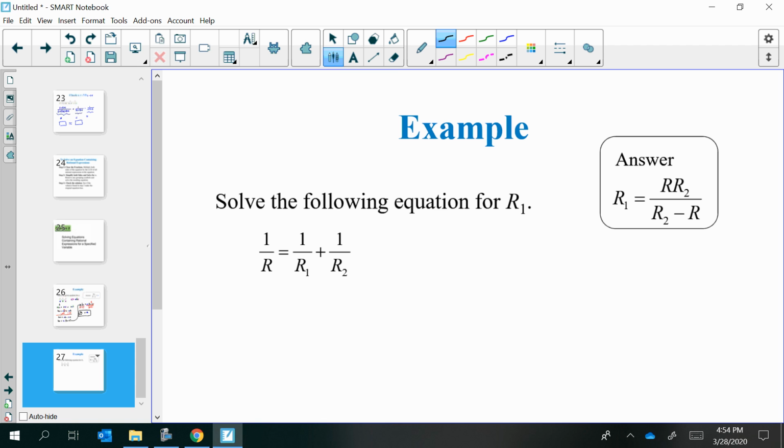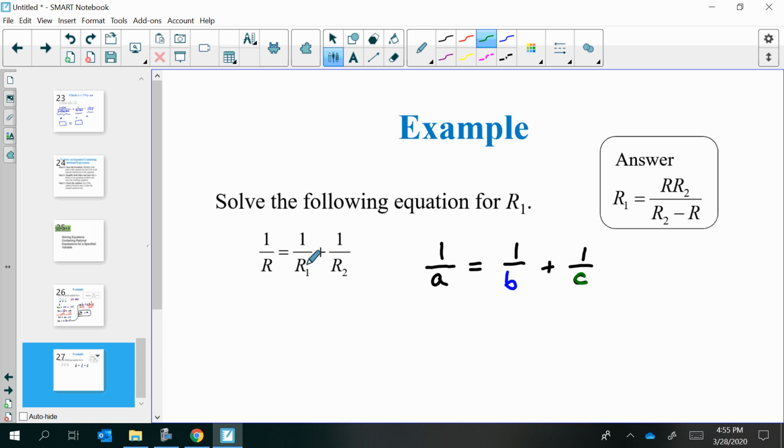If it helps you, you can do something like rewrite it as 1 over a equals 1 over b plus 1 over c, just using different letters to represent the different quantities.